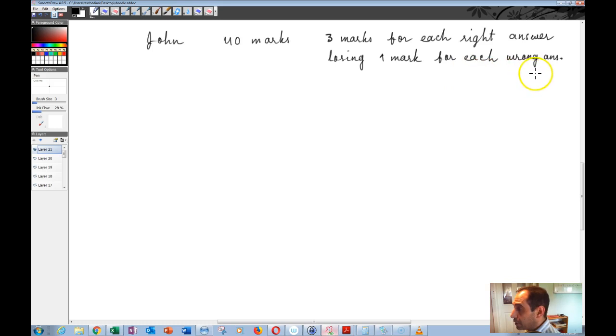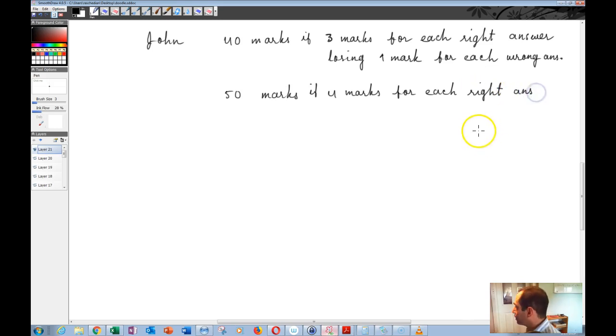Now in the same examination, on the same test, he would have gotten 50 marks if there were 4 marks for each right answer, and losing 2 marks for each wrong answer.